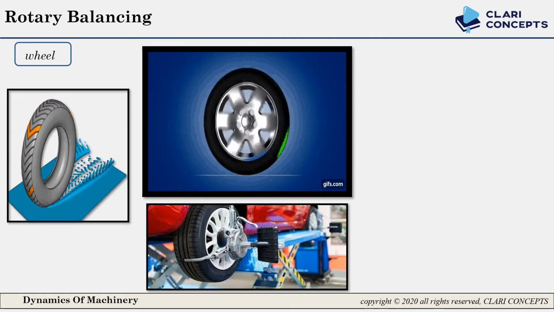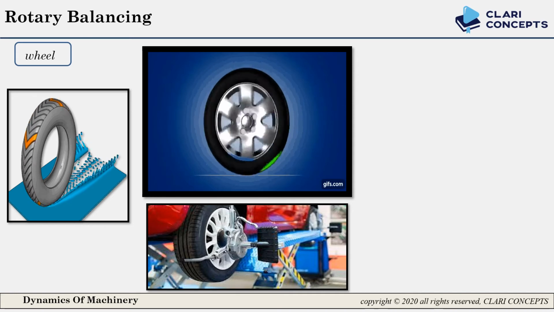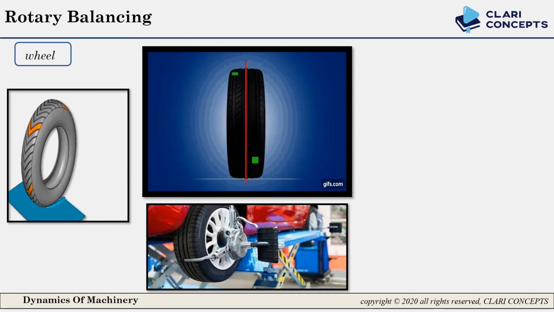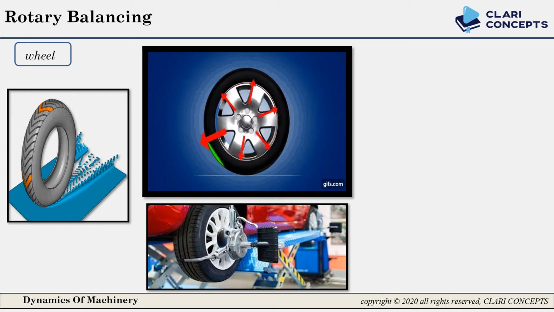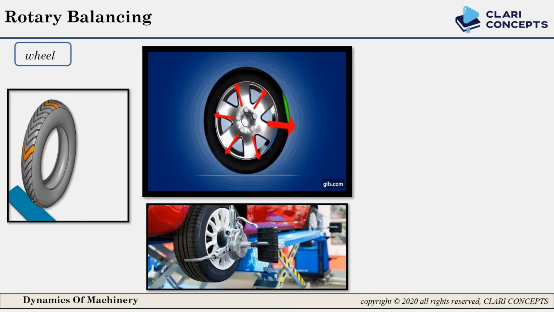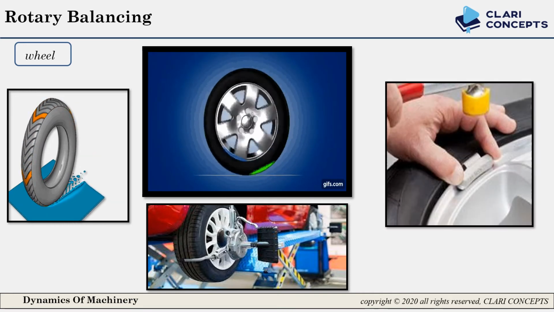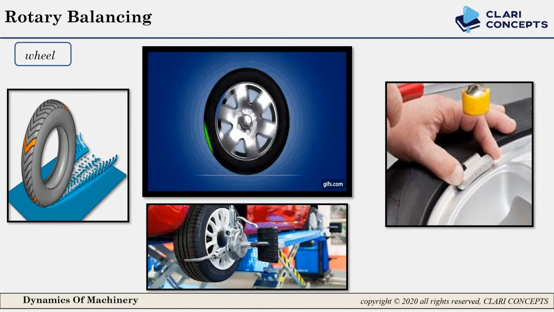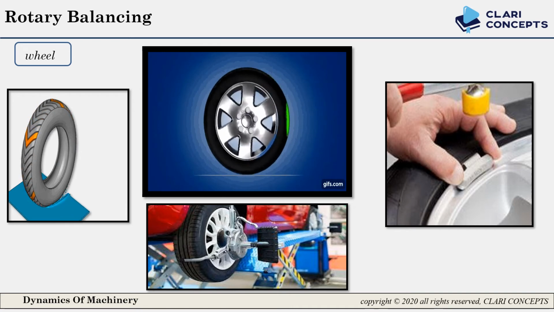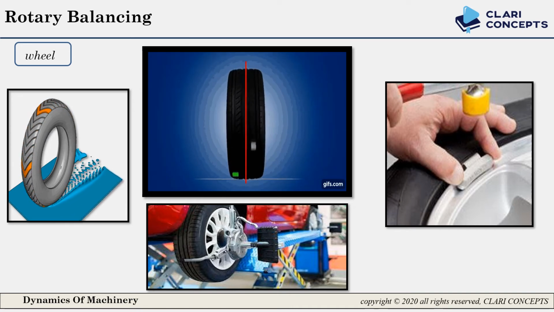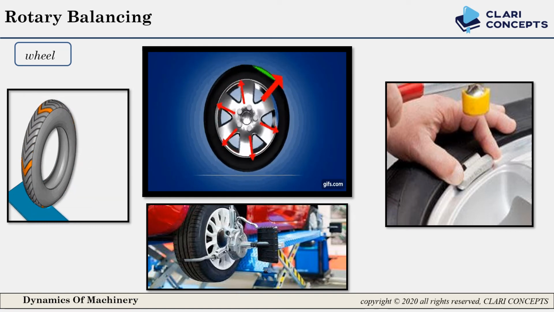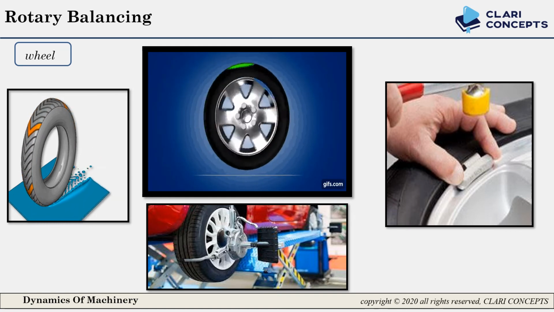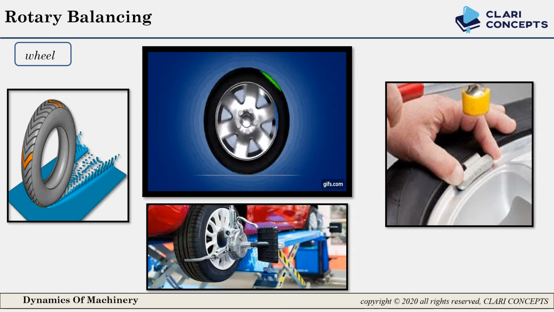To remove this, a clip of metal is added which makes your wheel balanced. It means your unbalanced system will be converted into a balanced one by this metal clip. This method is also known as wheel balancing or wheel alignment, and we do this when we change the tire or when a punctured tire is used for a long distance.